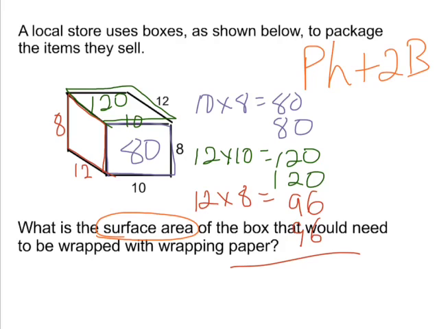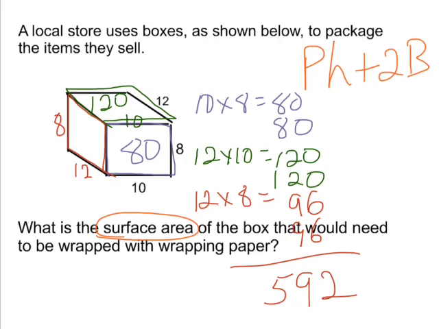When you add all that up, you will get, let's see, 592. 592 for the surface area of the box. So that's one way to do it. Just break it down into its different faces, and remember that there's two of each in this specific prism. Because it is a rectangular prism, we have three different sizes of the faces.